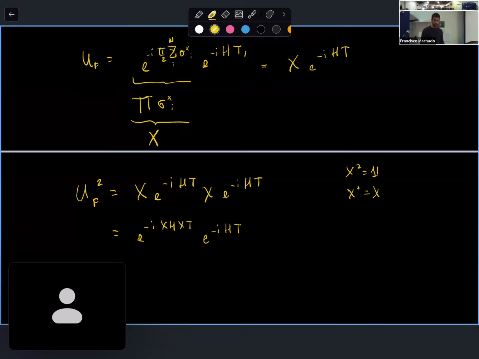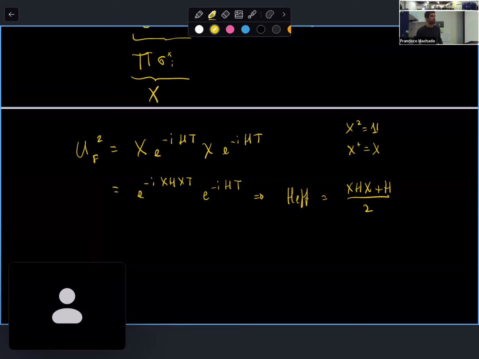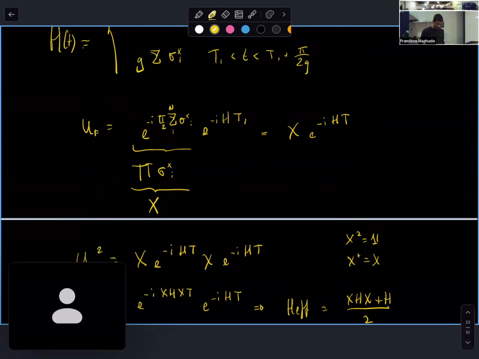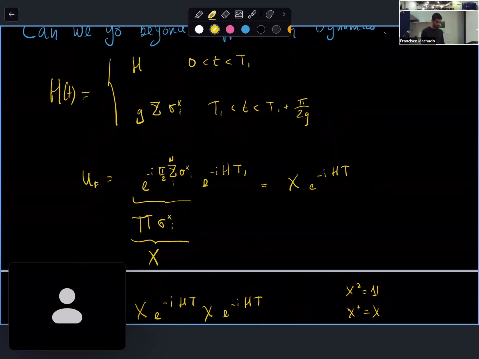Okay? And now I can do my similar trick as before, and you get an effective Hamiltonian that to 0th order is effectively going to be x h x plus h divided by 2. And this seems innocuous, but it's actually interesting because I didn't make any assumption about x, about the h that I put in here.